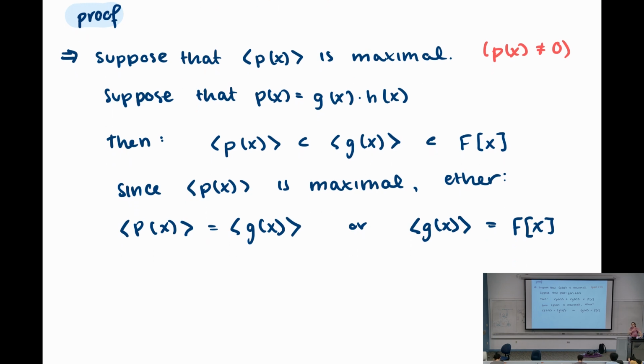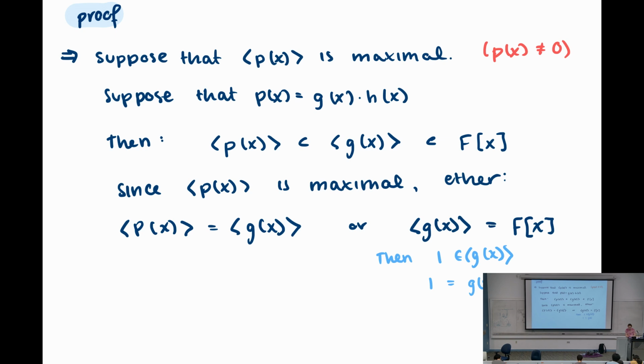Okay, does it make sense so far? So what happens in both cases? I think the second case is a little bit easier, so let's start with that one. If the ideal generated by G(x) is equal to F[x], then 1 is an element of the ideal generated by G(x). So that means that 1 is equal to G(x) times some other polynomial.